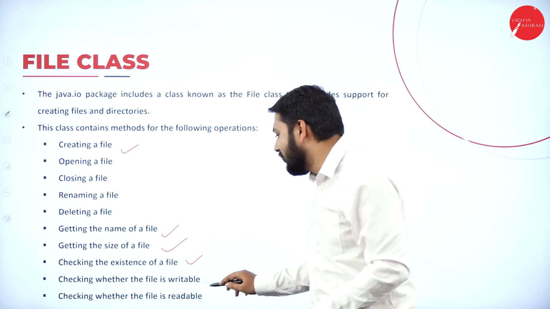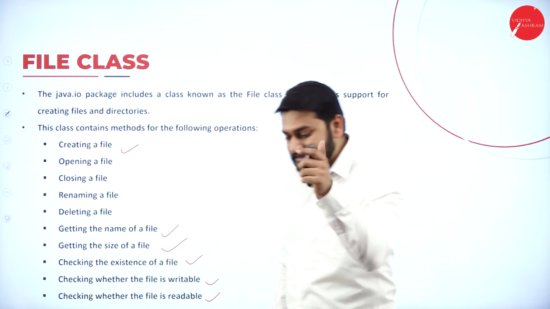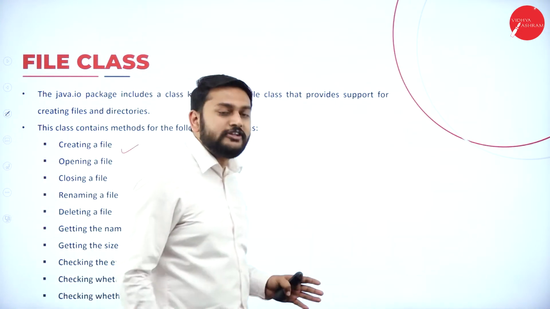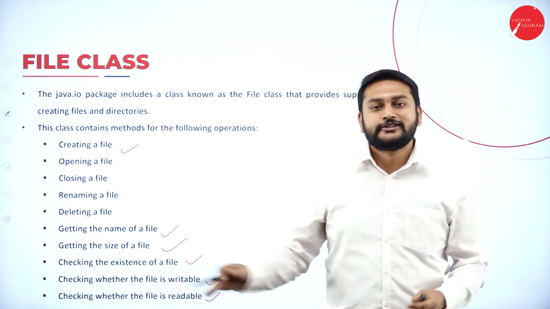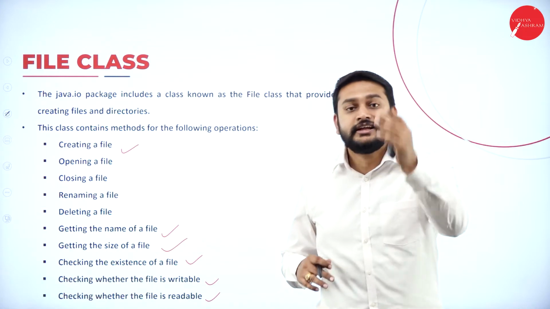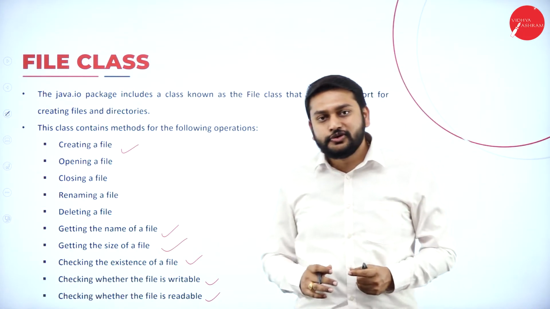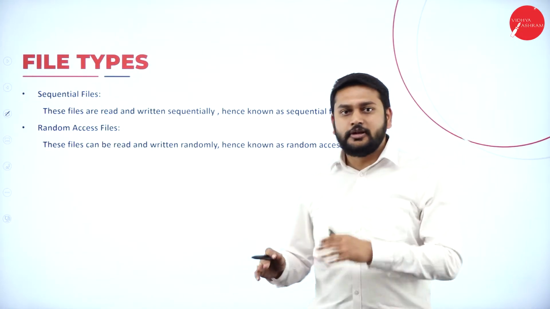And also check whether the file is writable or not, and whether the file is readable or not. I think I have listed all the possible operations that I can do with files. So these are the different classes with respect to files that you need to remember. Right? Moving forward to understand files in a much better way.